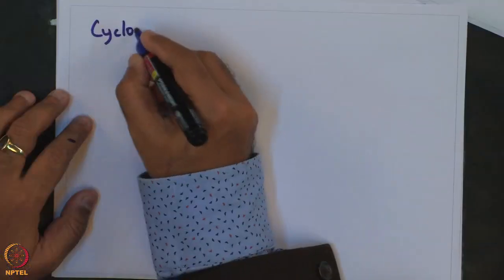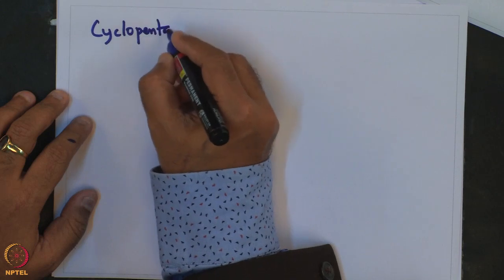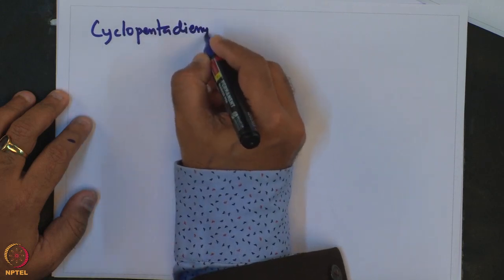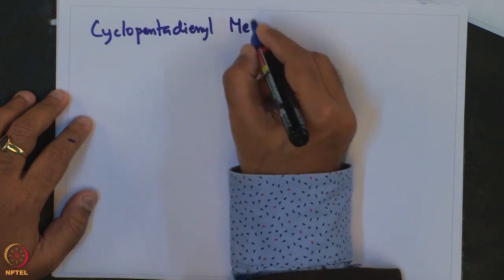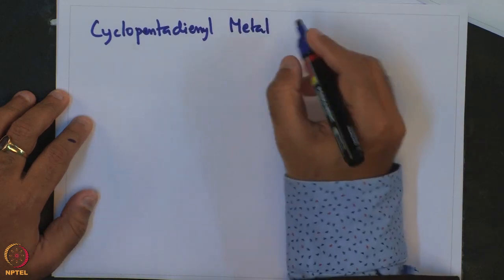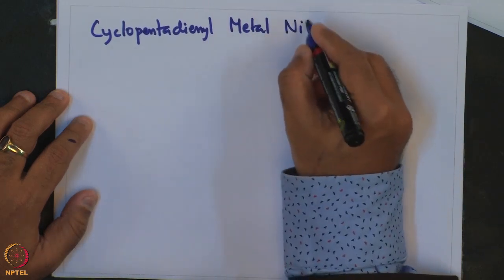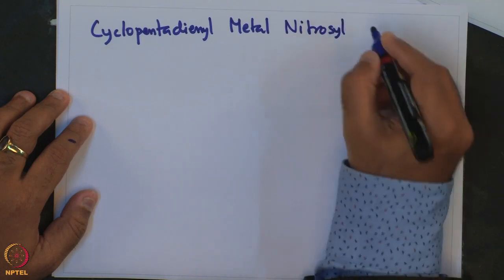So, instead of the carbonyl complexes that we have been talking about, now we are going to be talking about cyclopentadienyl metal nitrosyl complexes.